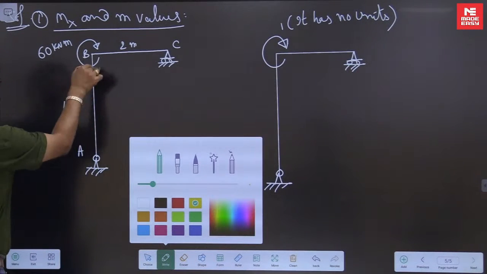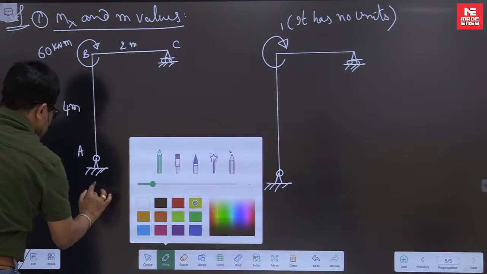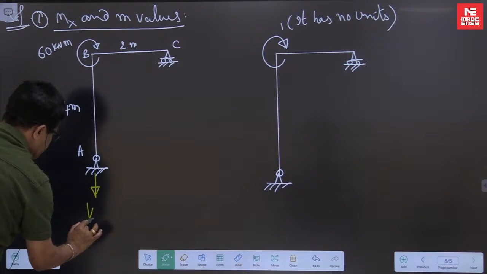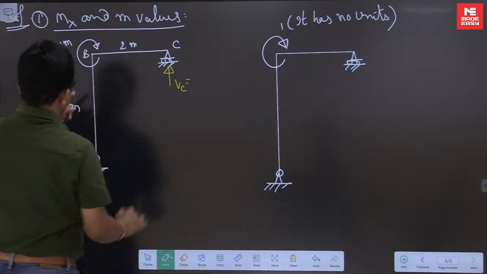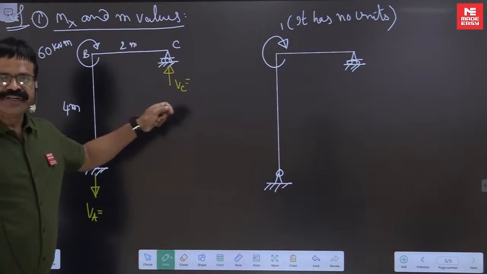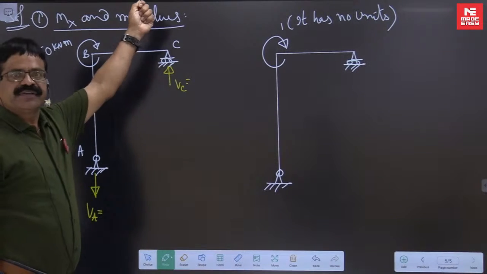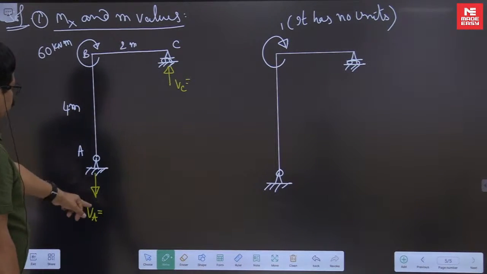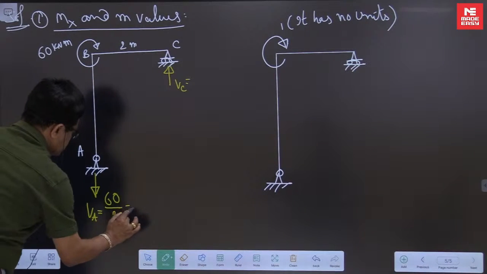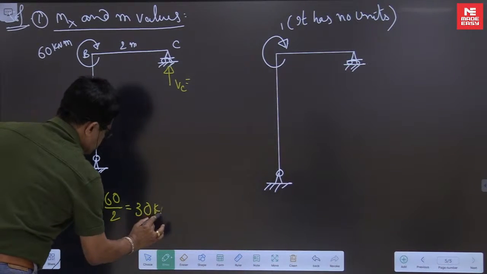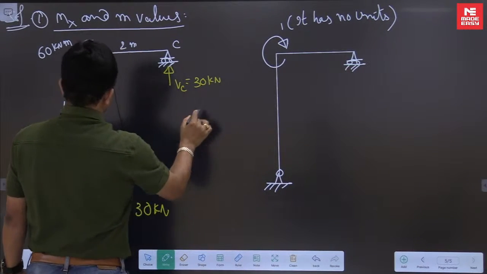Now if you see the support reactions, this is a clockwise moment, so an anti-clockwise couple must develop like this. VA is equal to and VC is equal to. What is the formula? Clockwise moment M, so anti-clockwise couple. You see how my fingers are moving down and up. So VA is M by L, 60 by 2, 30 kilonewton down, 30 kilonewton up.